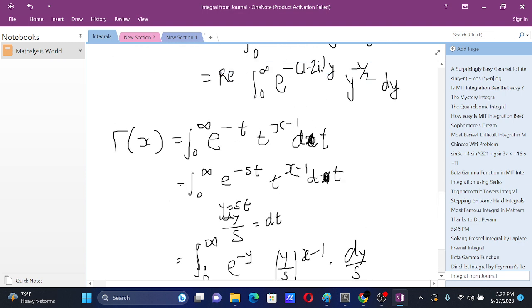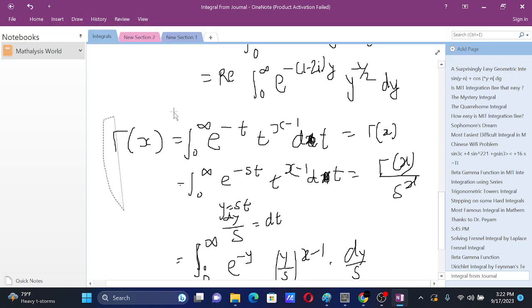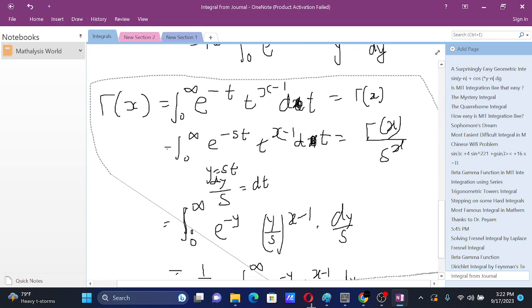So in this case, when we have a minus st, the result will be gamma of x by s to the power x, and in this case s is just 1, so we will just have gamma of x. I hope you got this result.